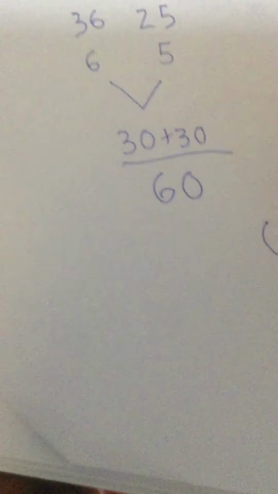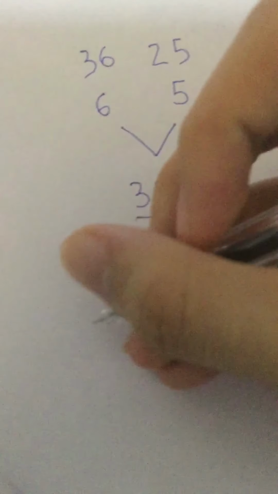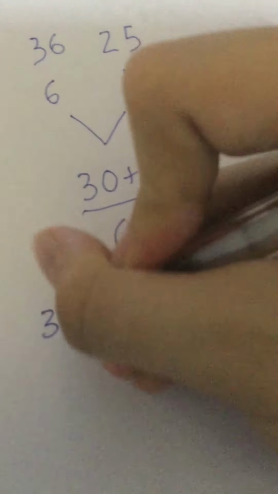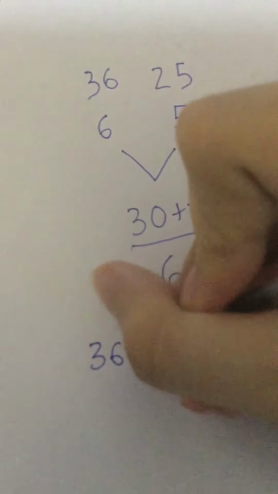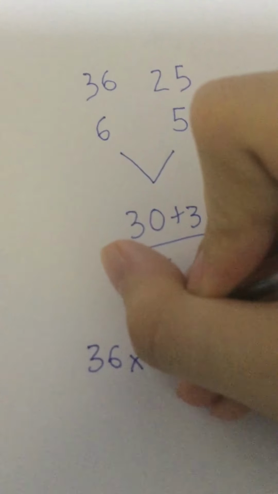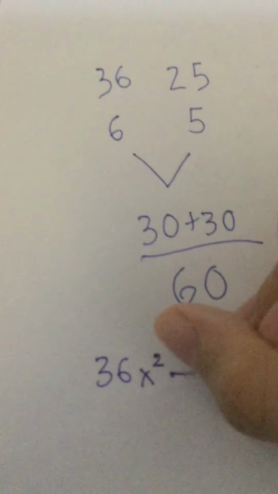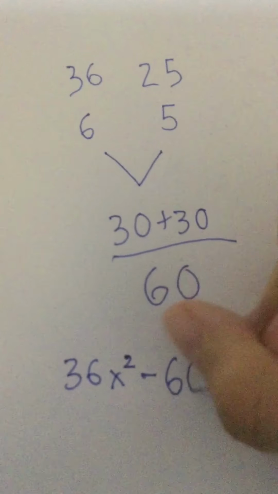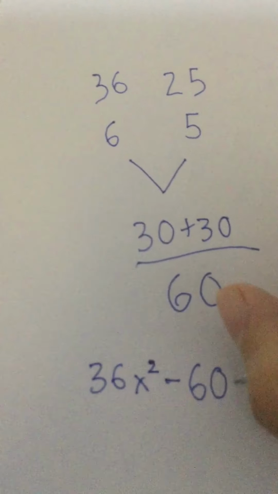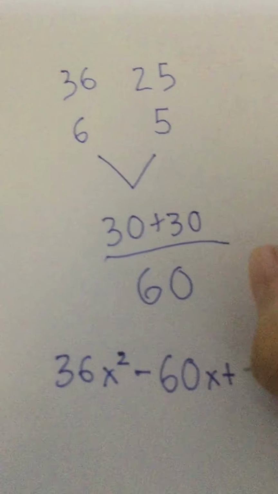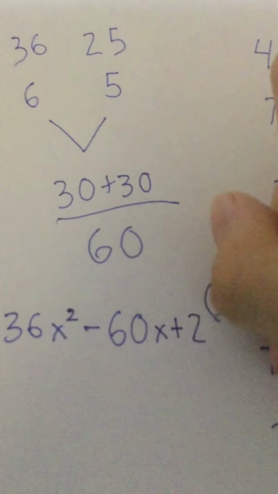So you can make a perfect square trinomial, for example, 36x squared minus 60x plus 25.